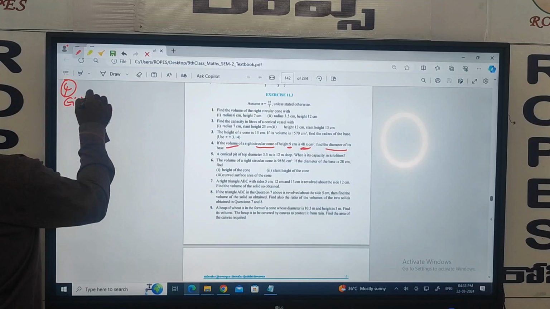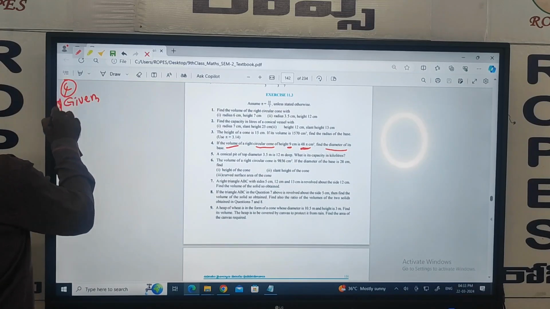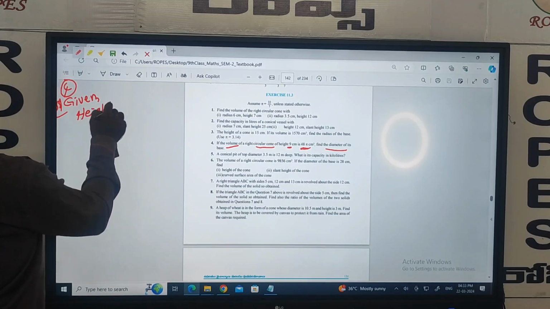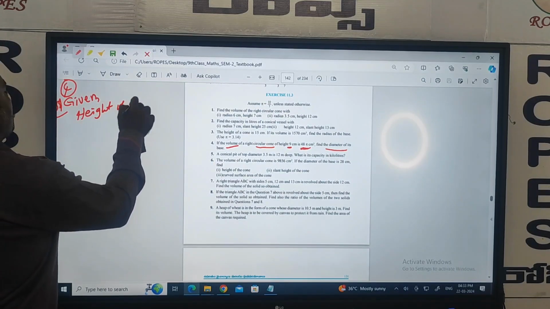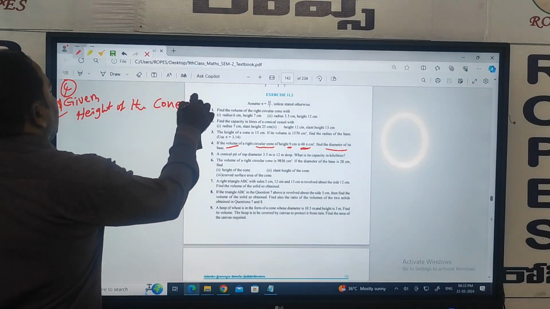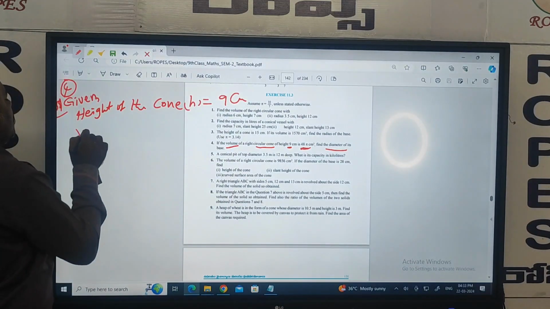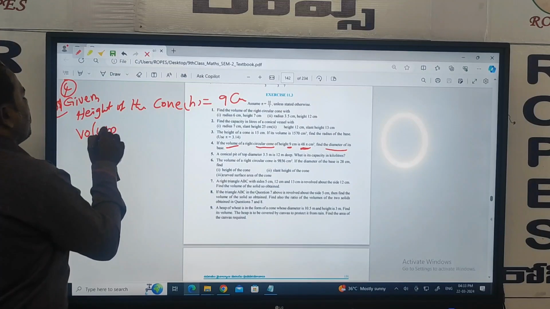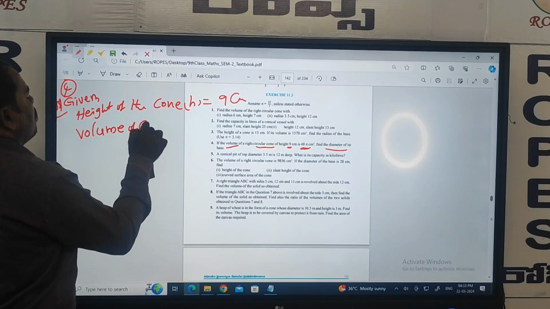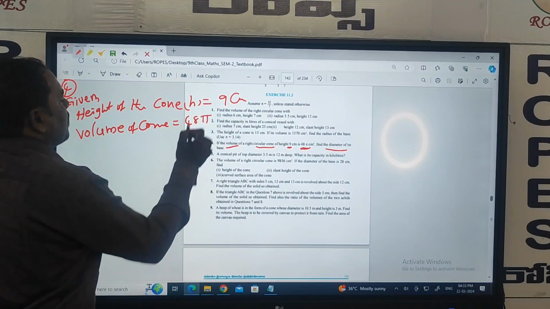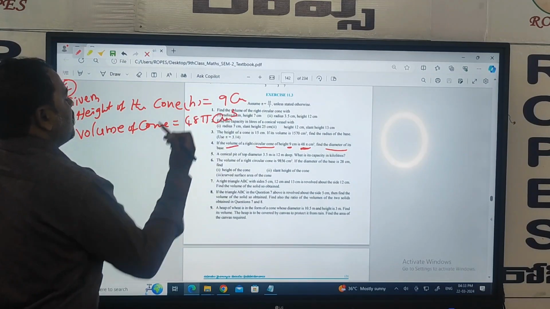First, we should write what is given. Height of the cone, h is equal to 9 centimeters, and volume of cone is equal to 48 pi centimeters cube.